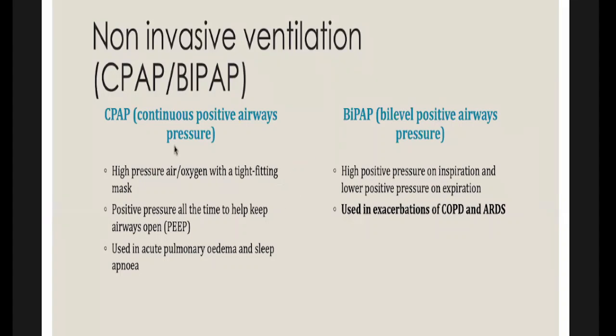So CPAP is the continuous positive airway pressure, where there is a high pressure driven air-oxygen mixture with a tight fitting mask, and the positive pressure is applied all the time to help keep the airways open. So there is a PEEP, or positive end expiratory pressure, set all the time to keep the airways open.